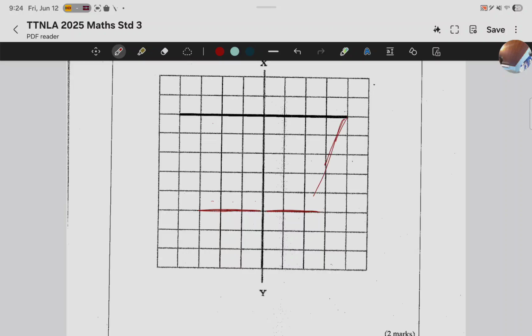Connect the diagonal line. Same thing here. Connect the diagonal line, but using the ruler, making sure it's neat, nice, not looking scrappy like this. I get a trapezium. Alright.